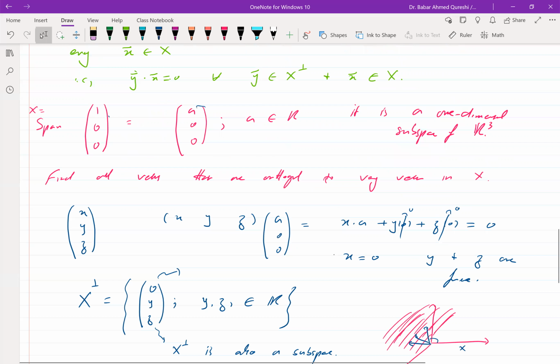So this is a general property. The orthogonal complement of a subspace is also a subspace.